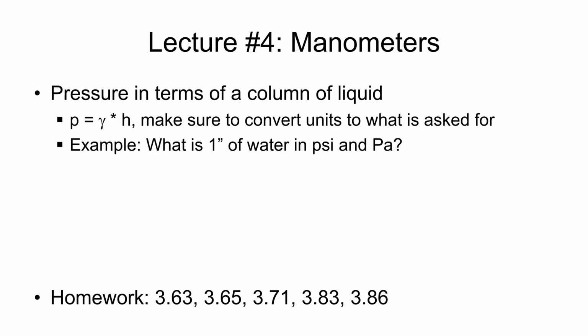So in this example, we ask what is 1 inch of water pressure equal to in PSI and pascals. There are a couple different ways we can go about solving this.